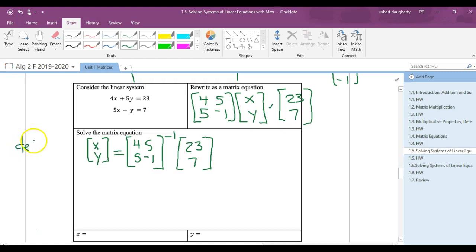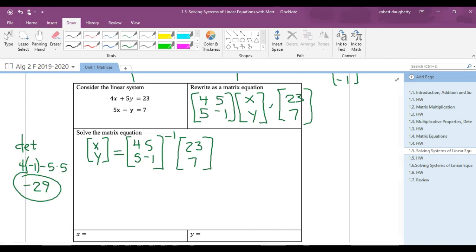So the determinant is going to be 4 times negative 1 minus 5 times 5. So that's negative 4 minus 25, which is negative 29. Right? Negative 4 minus 25, negative 29.